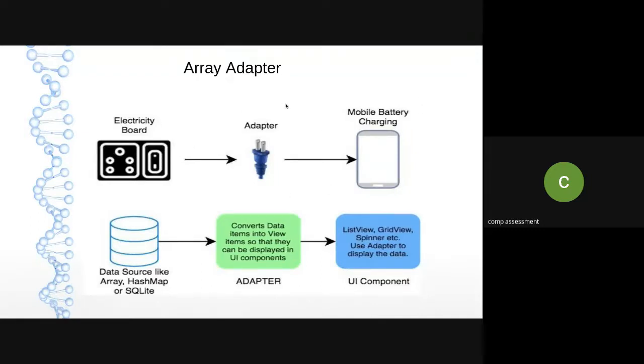In the same way, my array adapter will act as an interface between the UI and the activity. My adapter converts a data atom into a view atom so that it will be displayed on my UI components, on my layout.